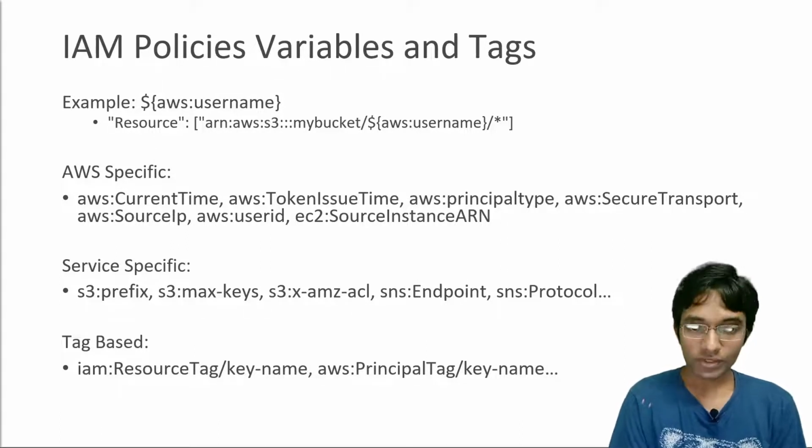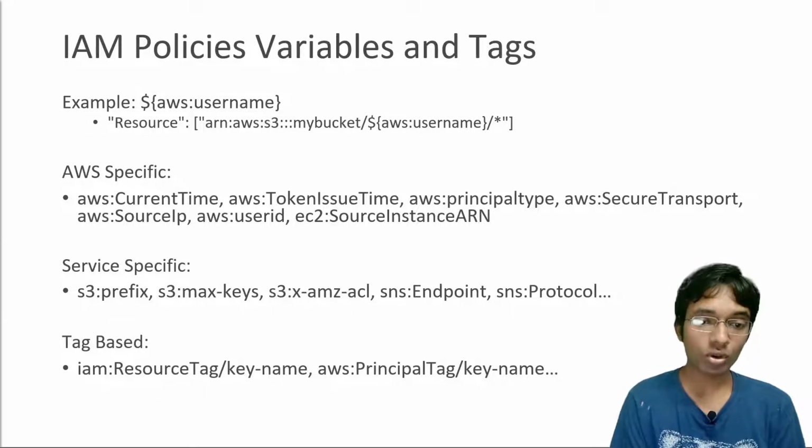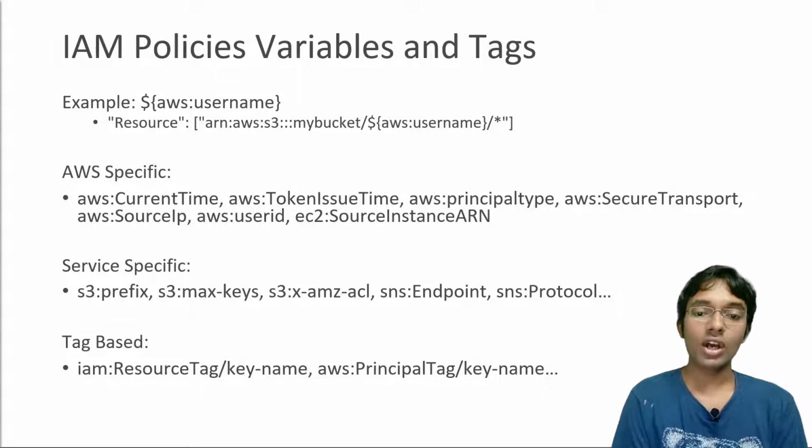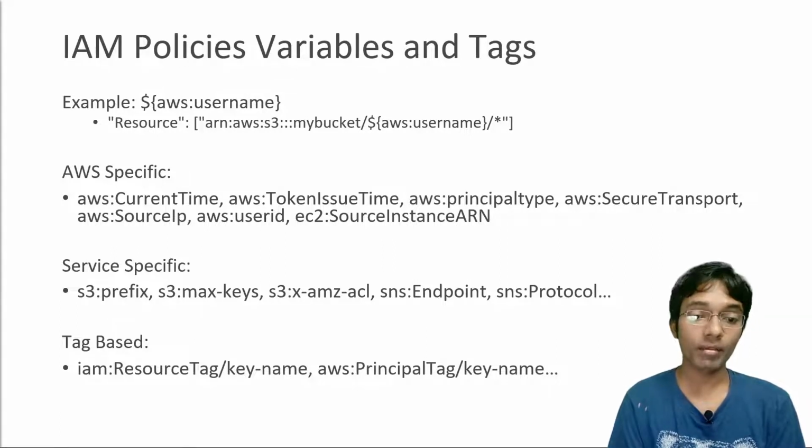There are some specific policy variables and tags, for example, current time, token issue time, principal type, secure transport, which is for SSL, source IP, user ID, and source instance ARN. These are provided by AWS. Then there are service-specific policy variables and tags, for example, S3 prefix, max keys, SNS endpoint, SNS protocol.